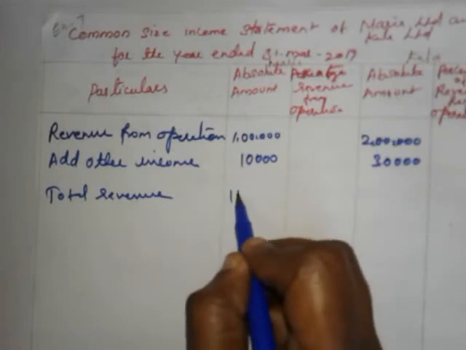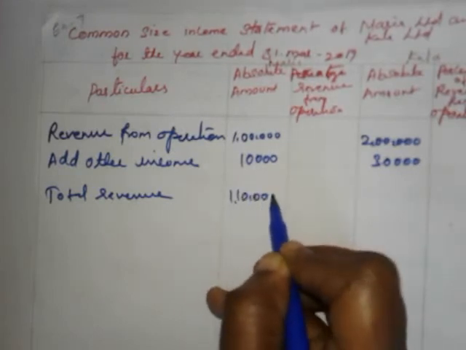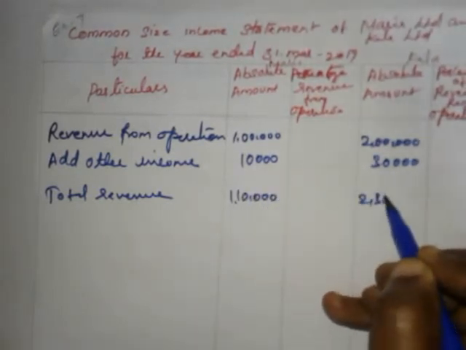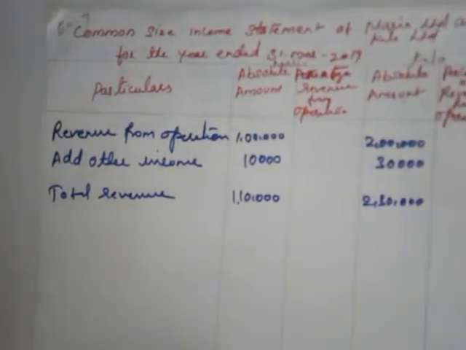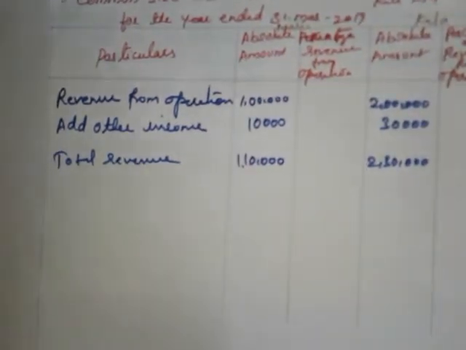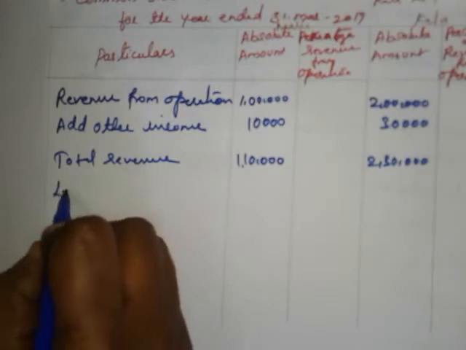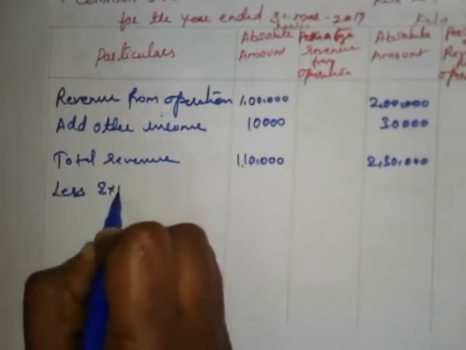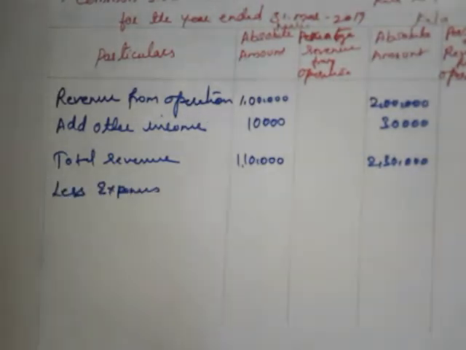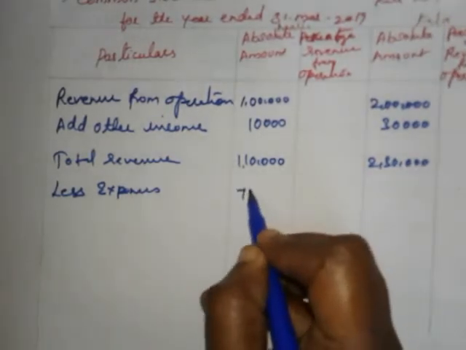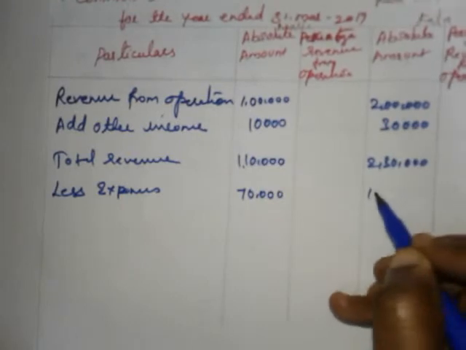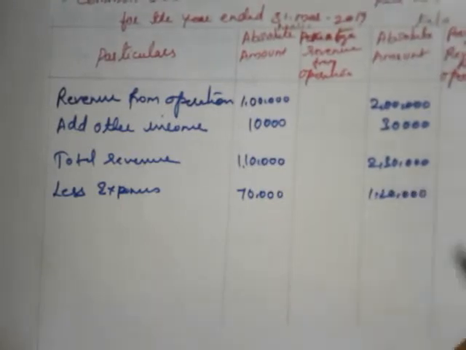The total revenue is 1 lakh 10,000 and 2 lakh 30,000. Then we have to deduct expenses. The expenses are 70,000 and 1 lakh 20,000.